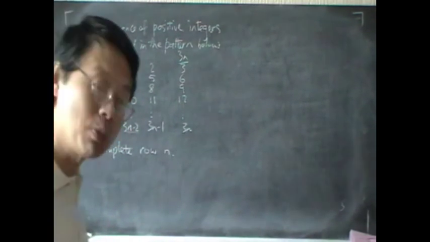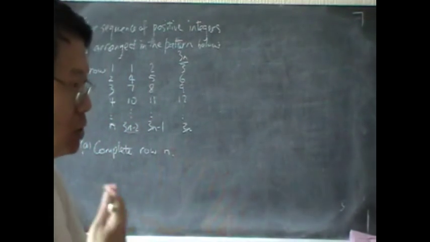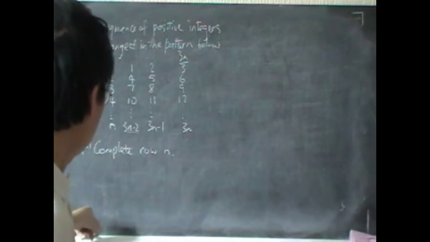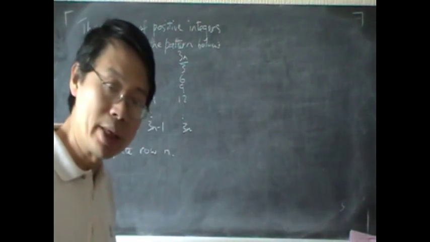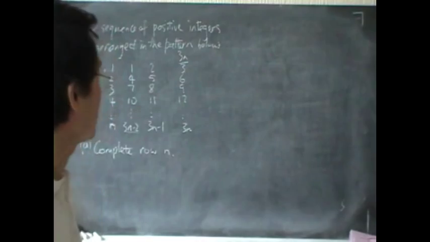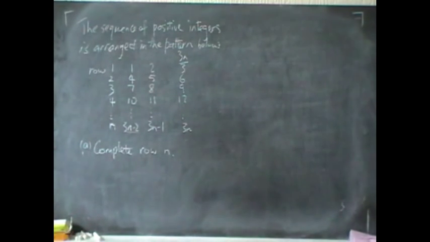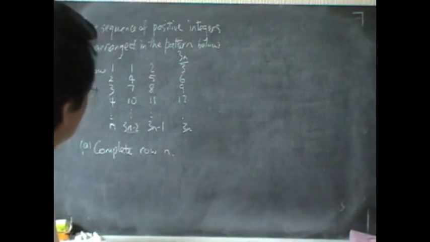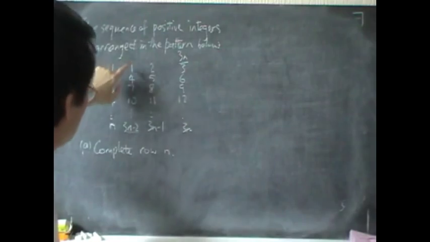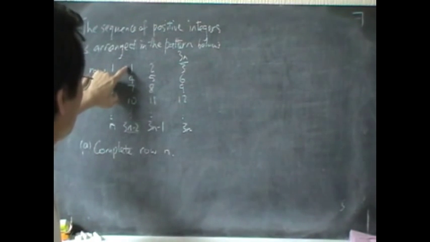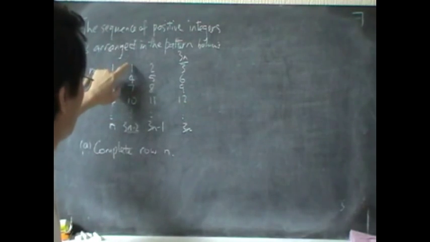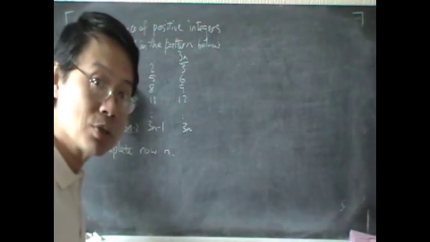So let me quickly summarize this. There's quite a lot of reasoning that I went through. What is the quick way to see the answer? The quick way, let me start from the beginning again, is to say that I notice that each time I go down one row, or each time I go to the next term, I add a 3.